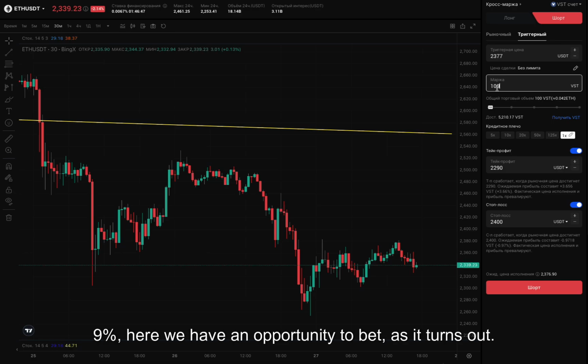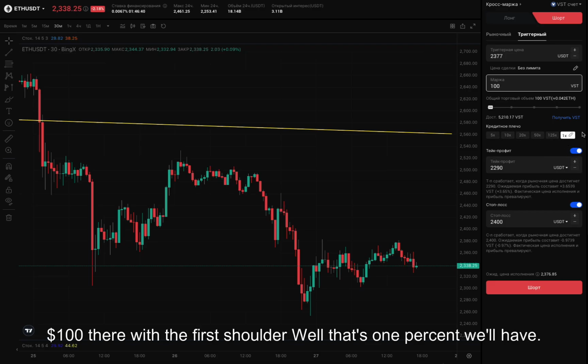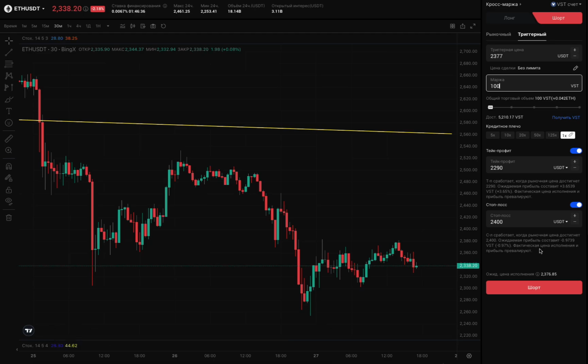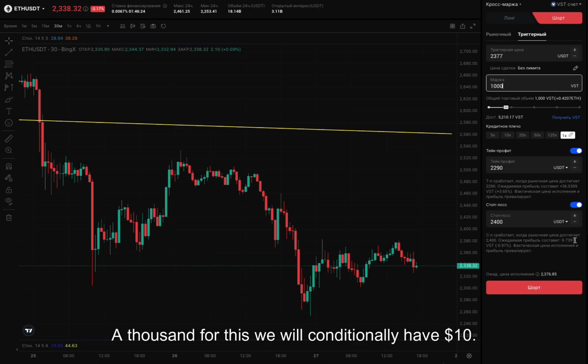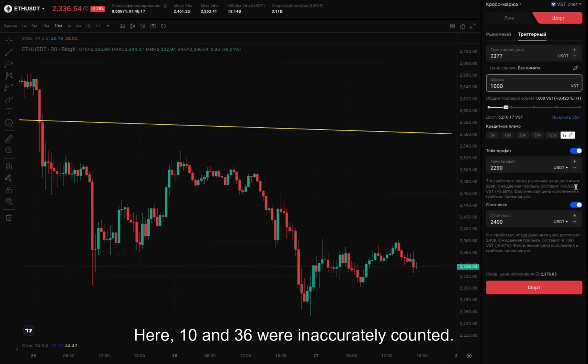Here we have an opportunity to bet $100 there with the first leverage. Well, that's 1% we'll have from this. For 1,000 we will conditionally have $10. Here, 10 and 36 were inaccurately counted. Nevertheless, it doesn't matter.